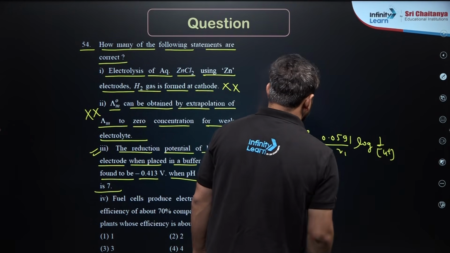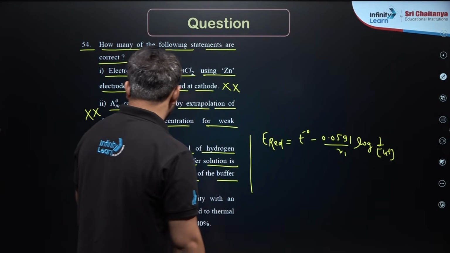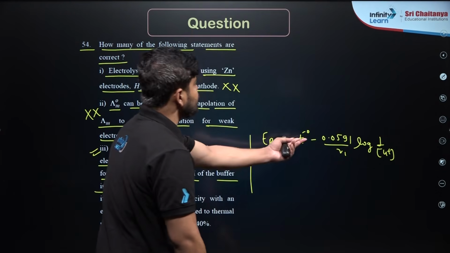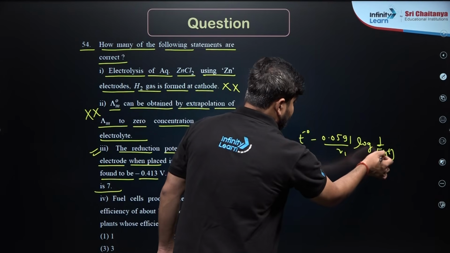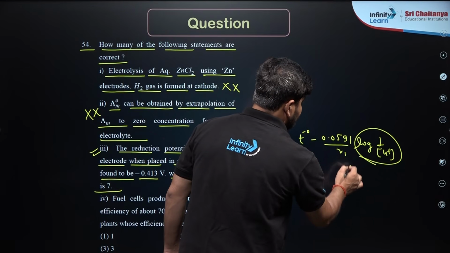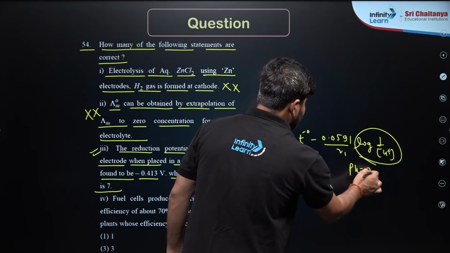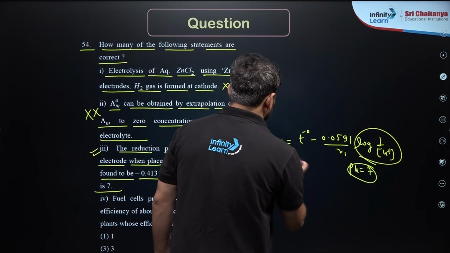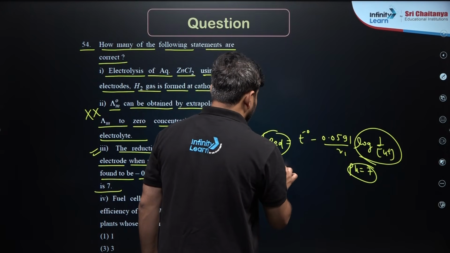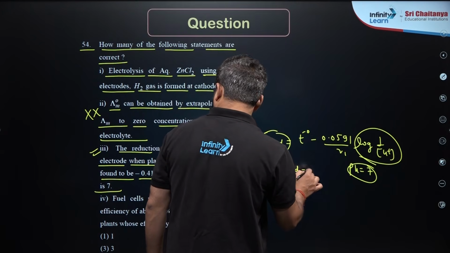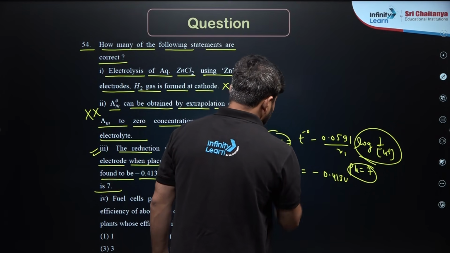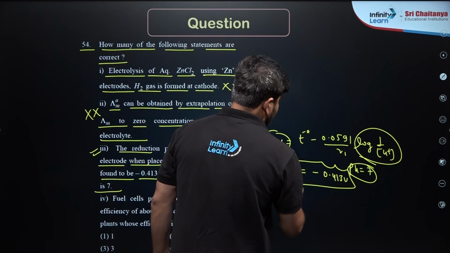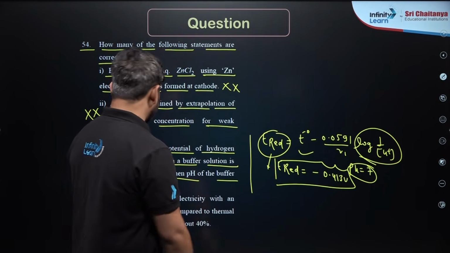You know very well E naught here, and we have to put the pH, because log 1 by H plus is fully pH only, okay. So pH is given as 7, so if we find E of reduction, how much will it come? E of reduction will definitely come to minus 0.413 volt, okay. So this statement is okay. By using this formula we will definitely get this one, okay.